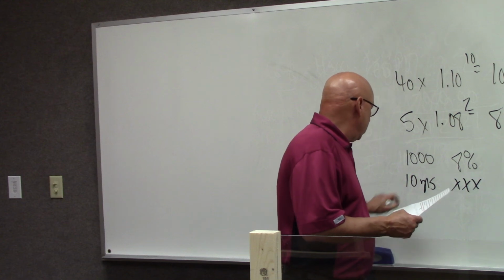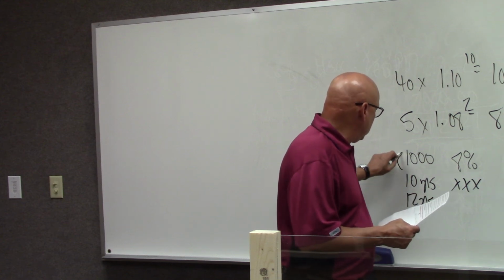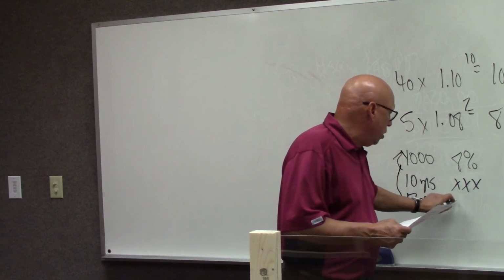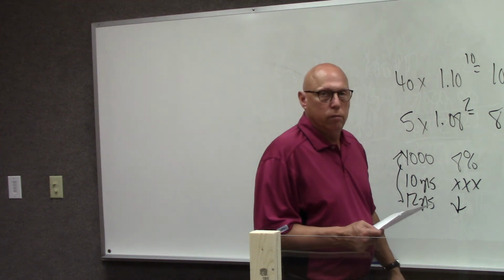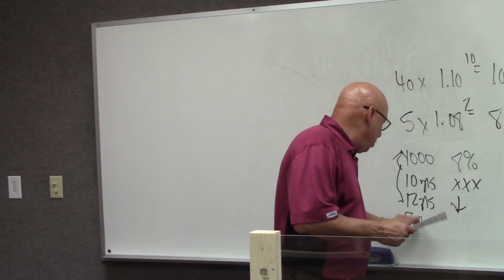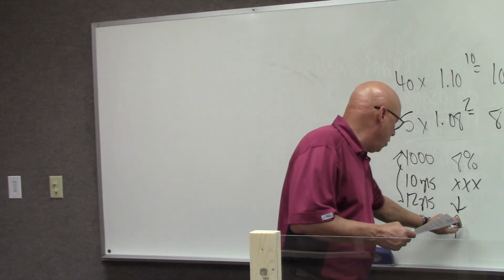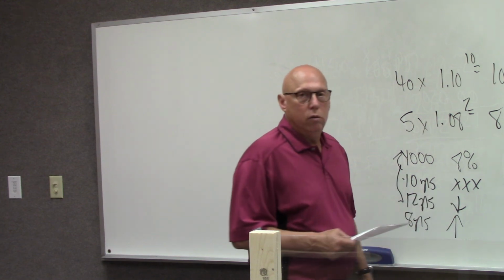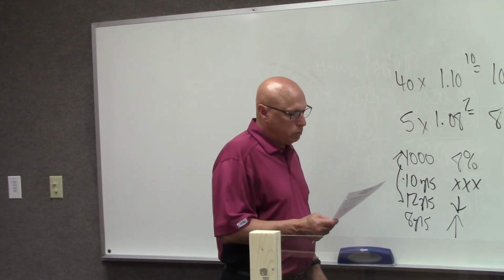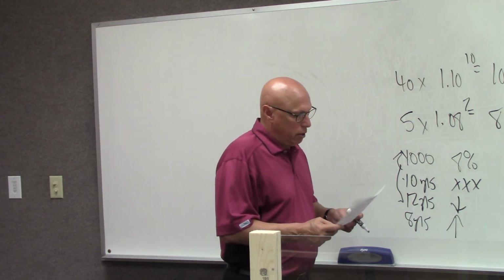If it's going to be invested for 12 years, for you to get to $1,000 in 12 years, you can have a smaller amount invested. If it's going to be invested for 8 years and you want to have $1,000, then you're going to have a larger amount than you would have to start with under 10 years. So the beginning amount must be larger in order to reach the targeted ending amount.